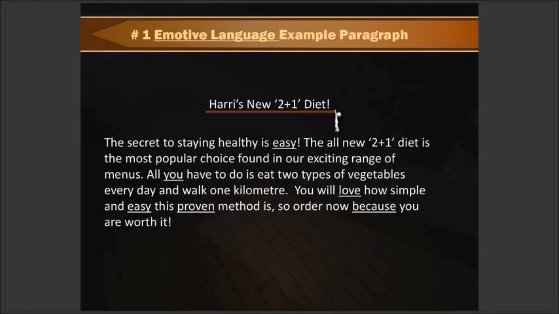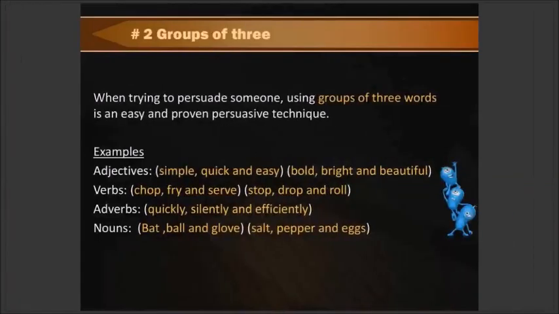The next one I want to look at is something that sometimes gets pushed aside. People forget to use this, but it's a really important technique in our writing, and it's called groups of 3. Now, when you are trying to persuade someone, using groups of 3 words is an easy and proven persuasive technique. We've got some examples on the slide in front of you.